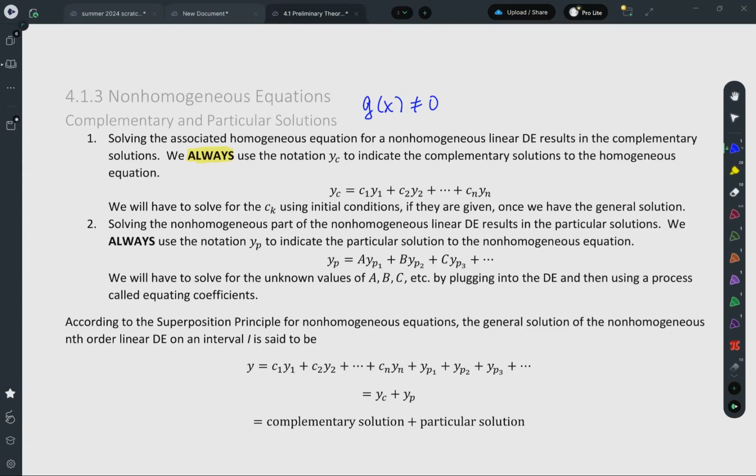Okay? Solving the non-homogeneous part of the non-homogeneous linear differential equation results in the particular solution. We always use the notation y sub p to indicate the particular solution to the non-homogeneous equation. But notice, with the complementary solution, we had c1y1 plus c2y2 and so on and so forth.